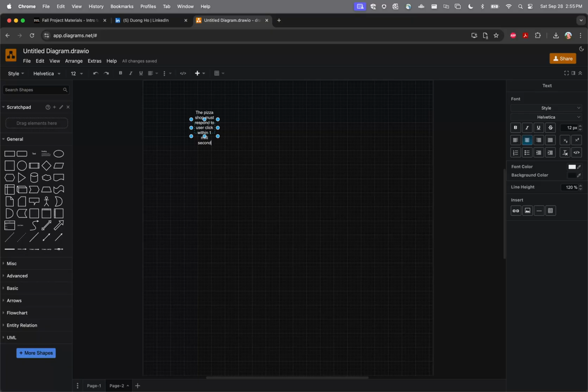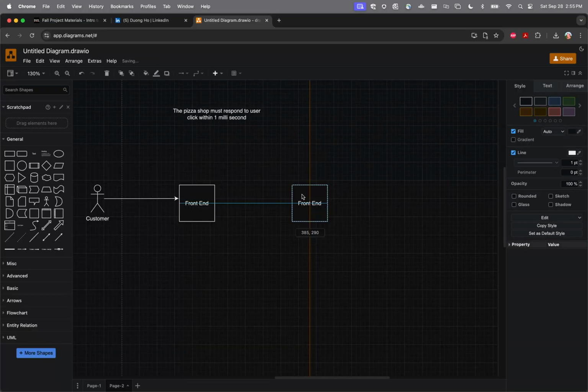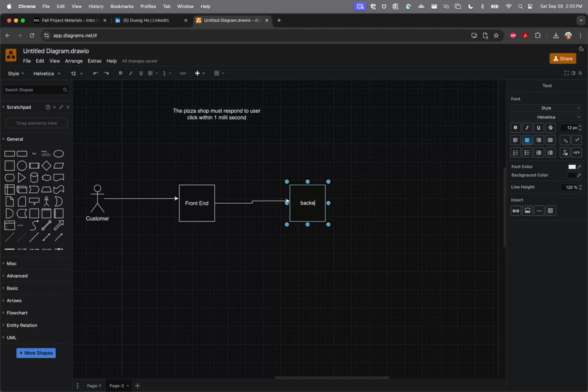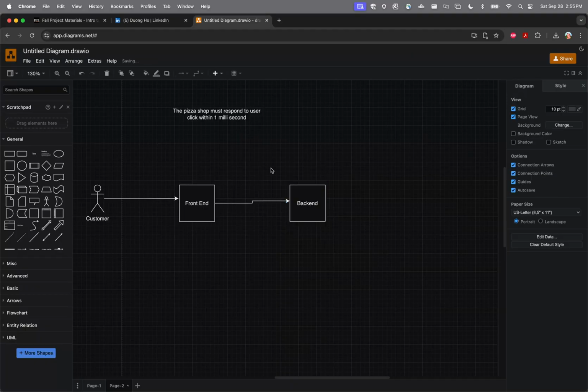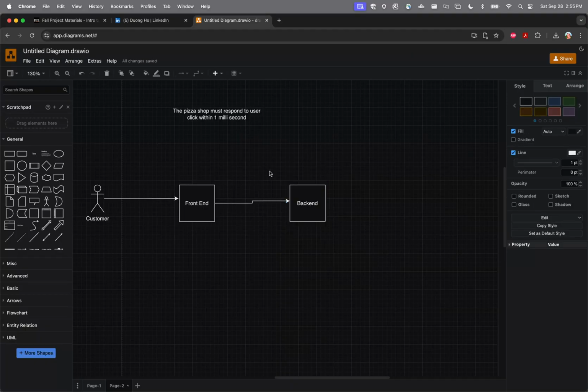Assume this is your customer and they are using your pizza sub, so they would have a front end. The front end usually is then connected to a backend. The backend would have some logic, but ultimately it will be connected to a database, right?